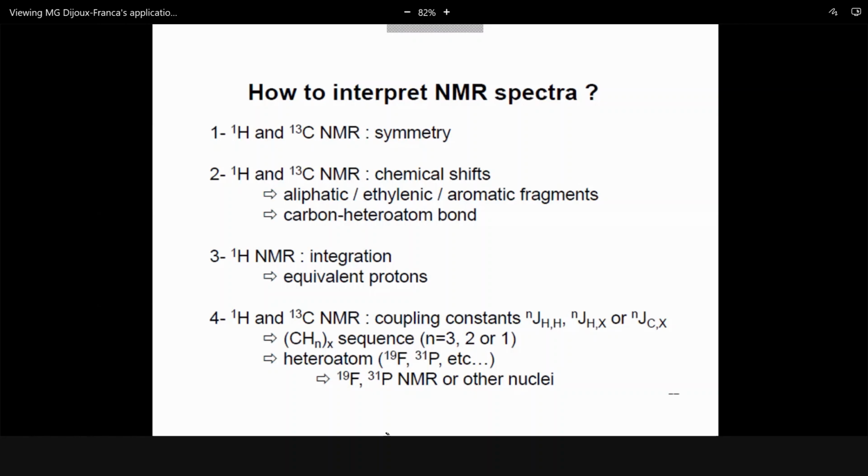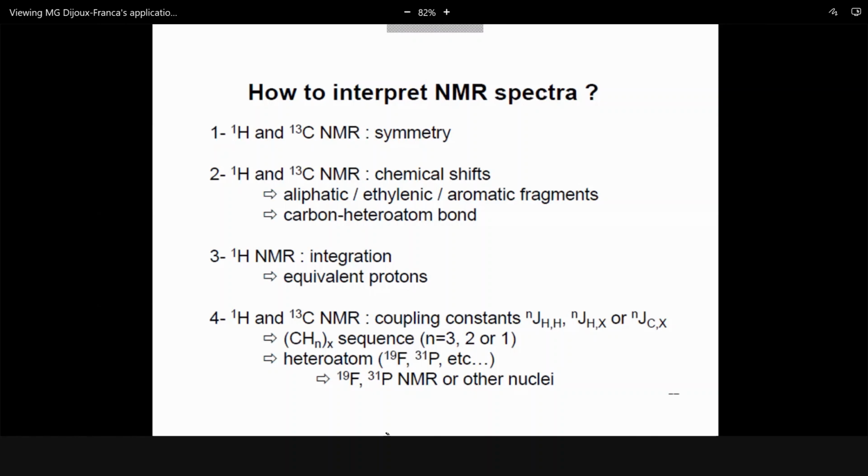Third element is the integration, as I said. So only proton will bring this information. So I can see properly if I have a symmetry in the structure or not. And fourth element, for both proton and carbon 13, I can use the coupling interaction and measure the coupling constant either between protons or between protons and carbon 13.